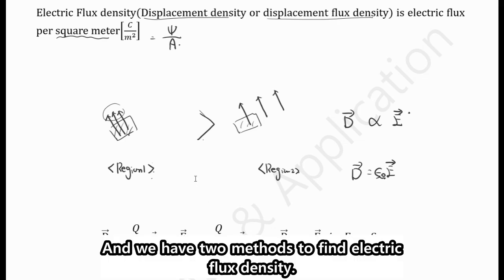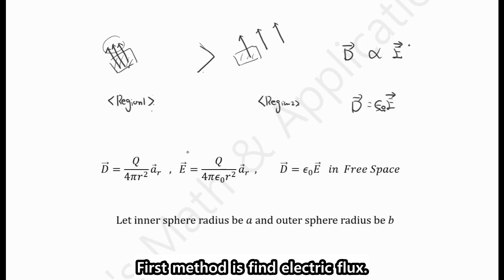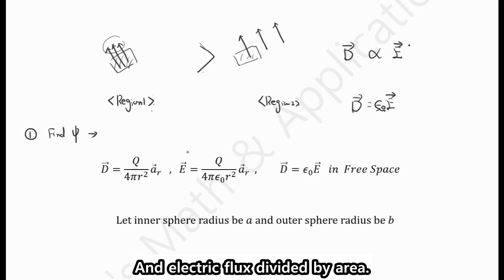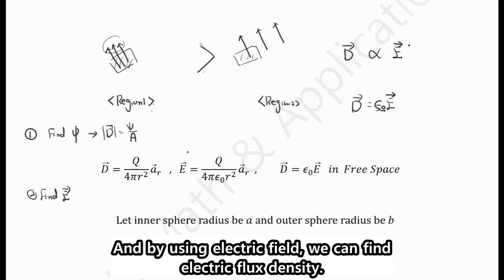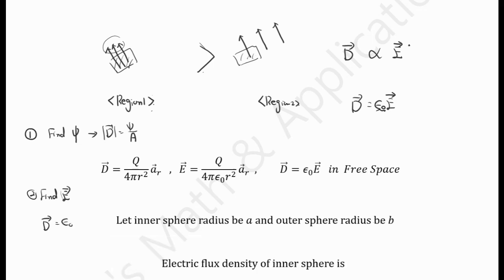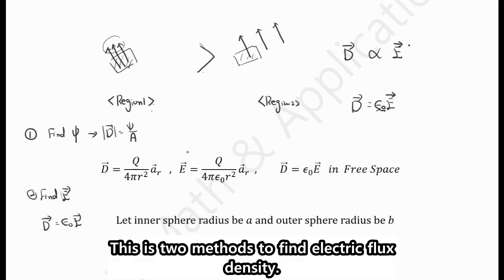And we have 2 methods to find electric flux density. The first method is to find electric flux and divide it by area. The second method is to find electric field, and by using electric field we can find electric flux density.